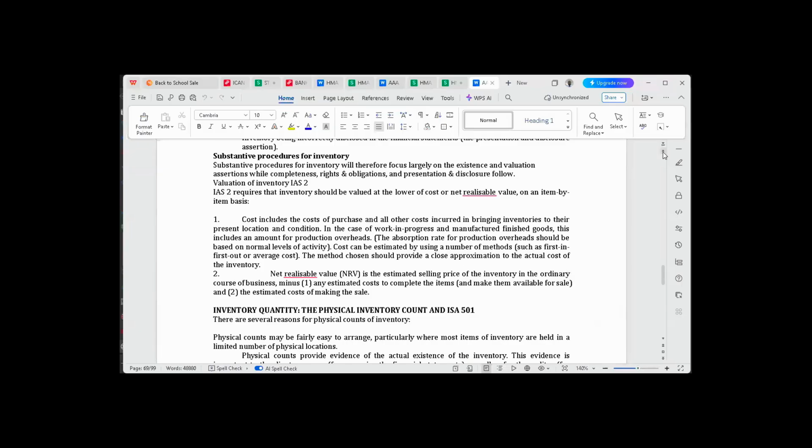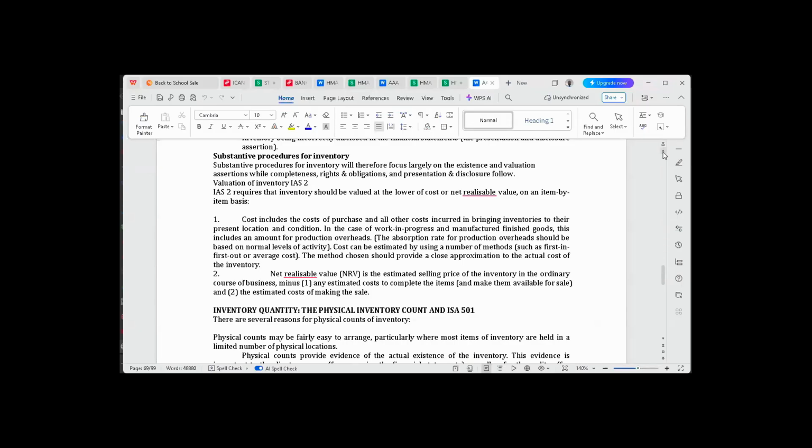So substantive procedure for inventory is therefore focused largely on existence and valuation assertions. Remember, we said that the financial statement assertions, you need to test them when it comes to inventory, right? And what are the relevant assertions that we need to test? We need to test existence, we need to test valuation, okay?